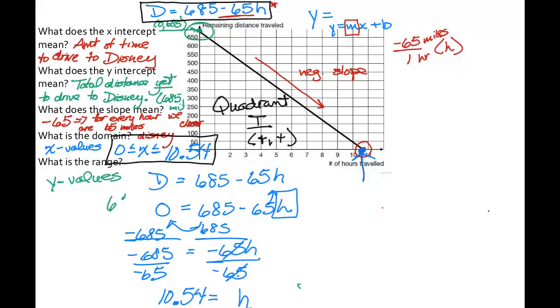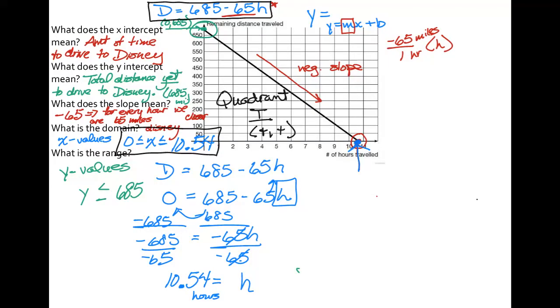So 685 is the largest amount. It could be equal to that, and it also could be less than that. That's comparing your y, and then 0 is going to be your lowest value because you're talking about a distance. Any questions about that?